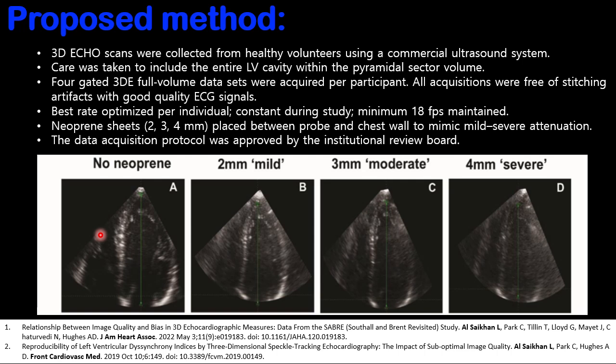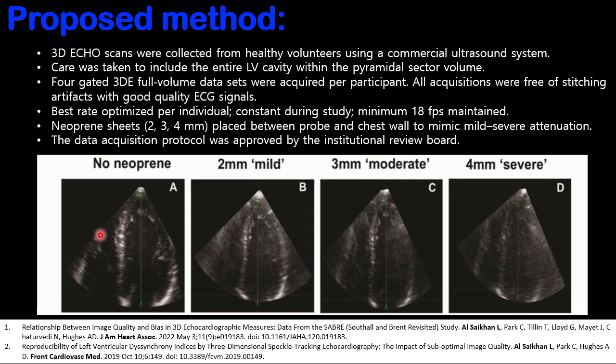During the scan, care was taken to include the entire left ventricle cavity within the pyramidal sector volume and also ensure that there are no artifacts like stitching artifacts and the ECG is of good quality. Furthermore, we also maintained the best optimized frame rate possible for each individual person, and it was kept constant throughout the scan.